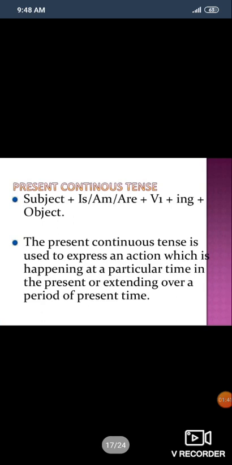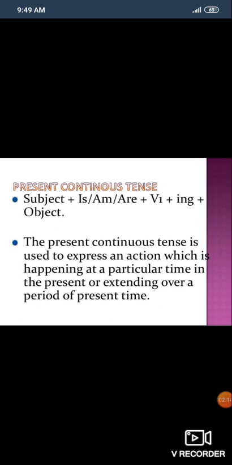For more regarding the present continuous tense, the structure of the sentence is subject plus is, am or are plus verb first form ing plus object. The present continuous tense is used to express an action which is happening at a particular time in the present or extending over a period of present time.